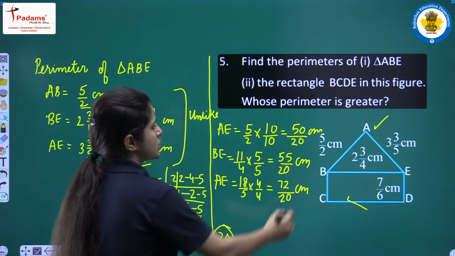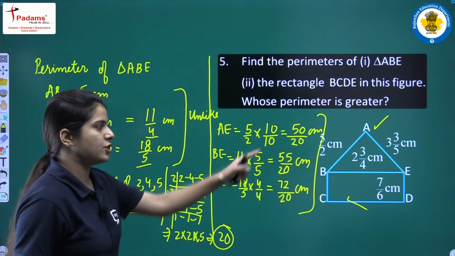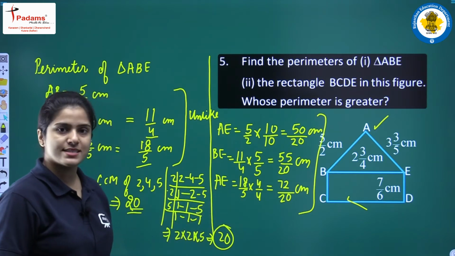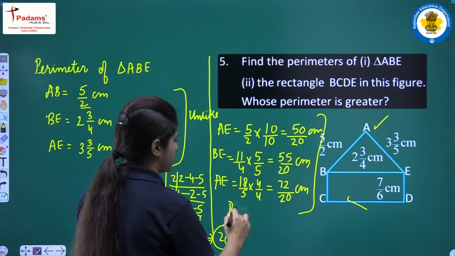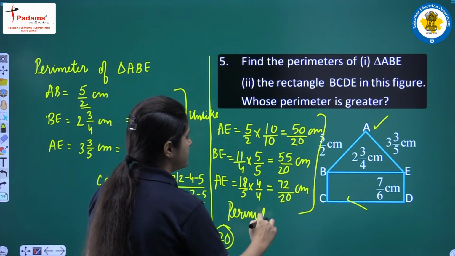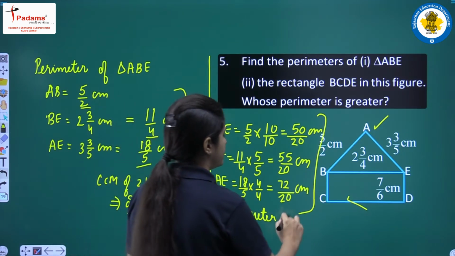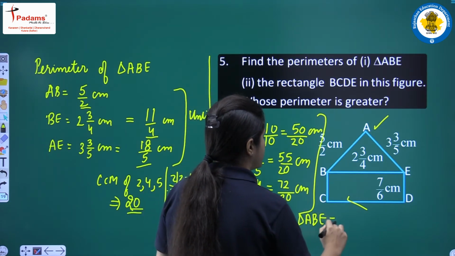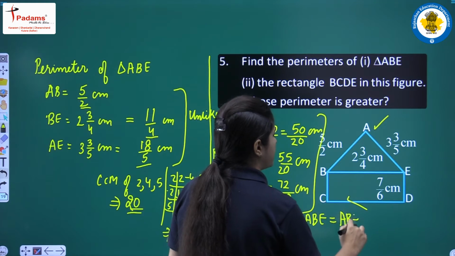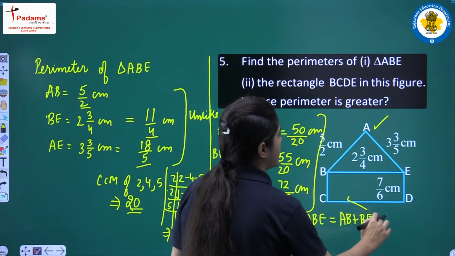Alright students, so by this you can clearly see the denominators of all these three are the same. So we can now do the addition part, that is the perimeter. The perimeter of triangle ABE is equal to side AB plus BE plus AE.